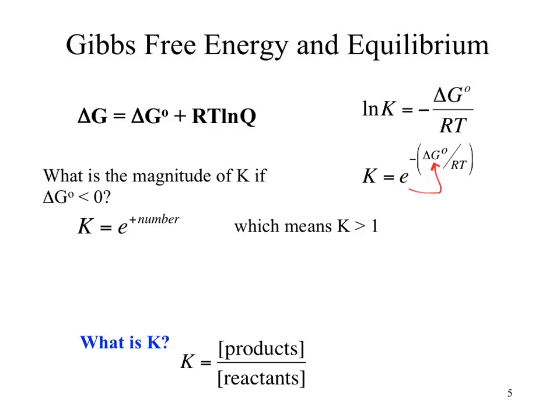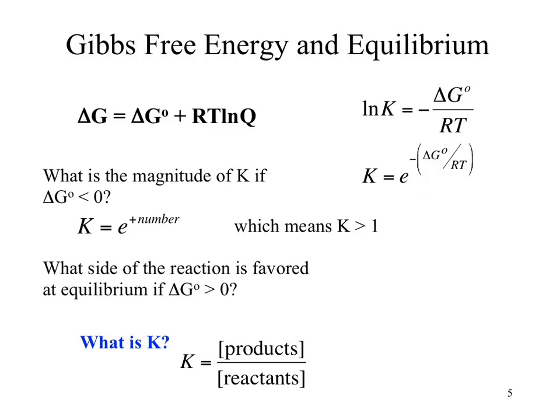Okay. What side of the reaction is favored at equilibrium if delta G is greater than 0? Well, if delta G was less than 0, and we favored products, what do you think is going to happen when delta G is greater than 0? Probably going to favor reactants. How could we go through and determine this?